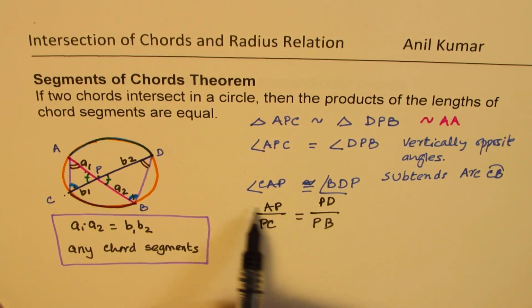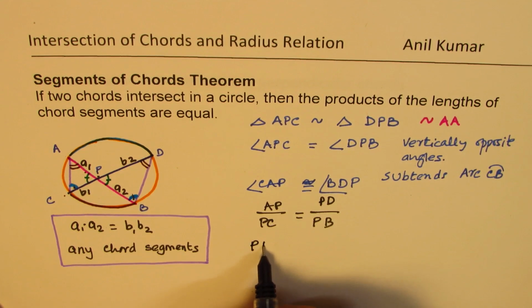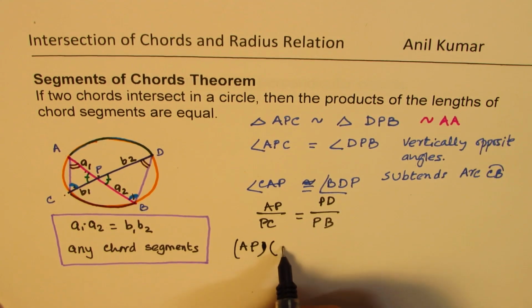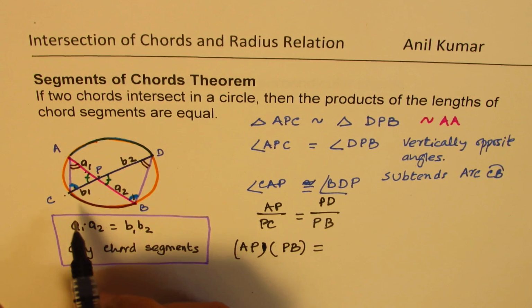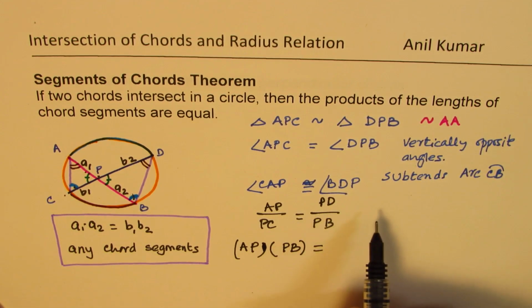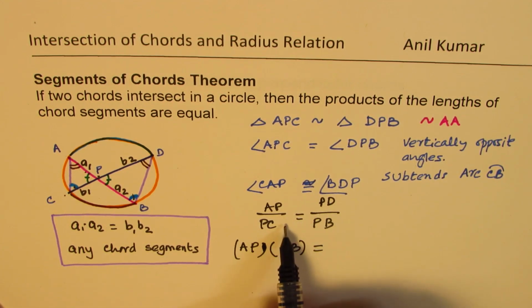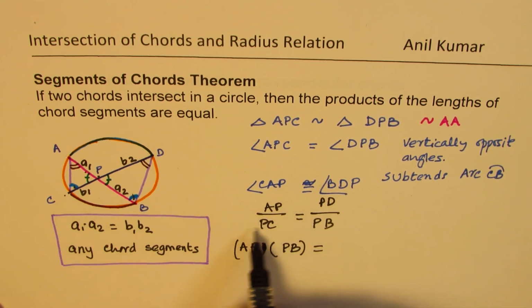Now if you cross multiply, we get AP times PB, cross multiply, right? Equals PC or CP, we can say PC or CP.